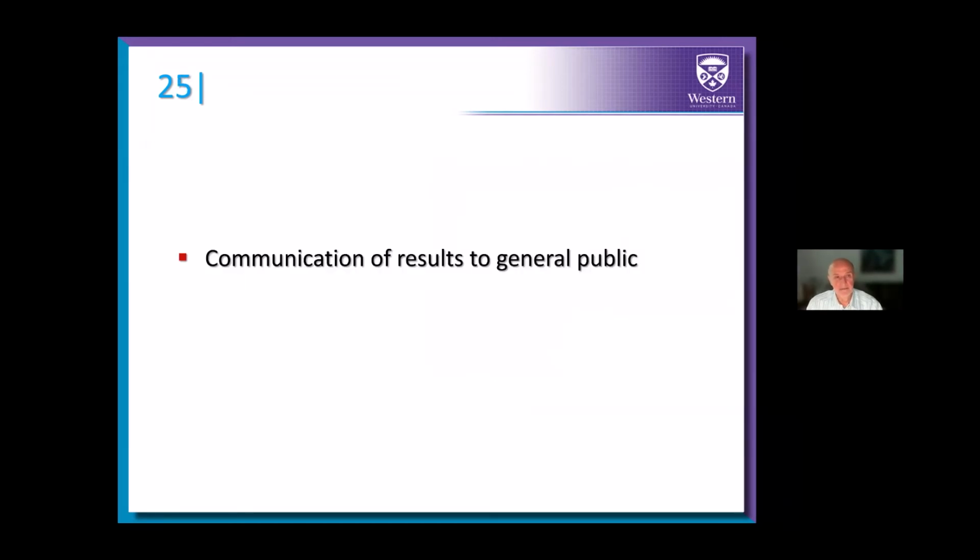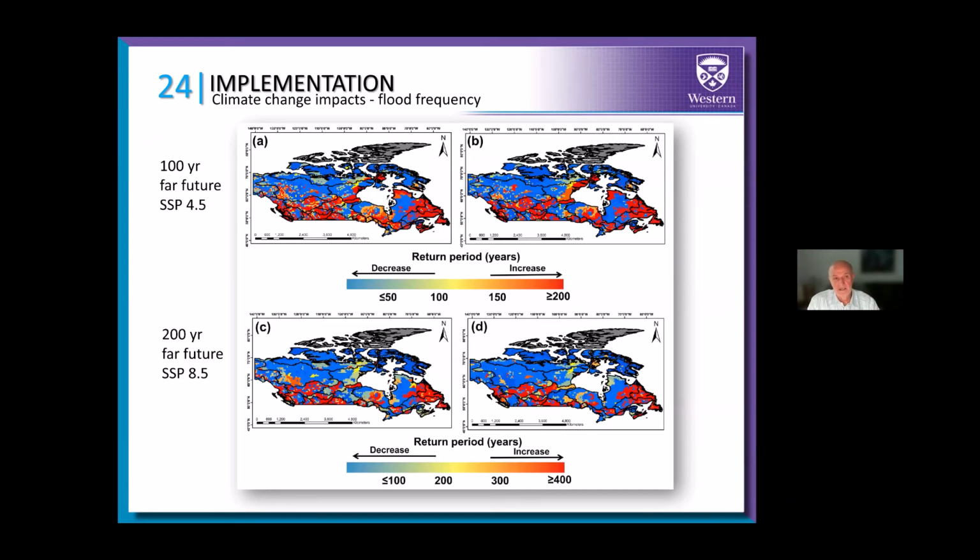And the final product in the analysis of the climate change impact is the change in the flood frequency. And again, for the different emission scenarios and 100-year and 200-year return period, what you see is the red color is the increase in frequency, where a 100-year flood will be looking more like a 200-year flood today, or the 100-year flood today may look something like a 30-year flood in the future.